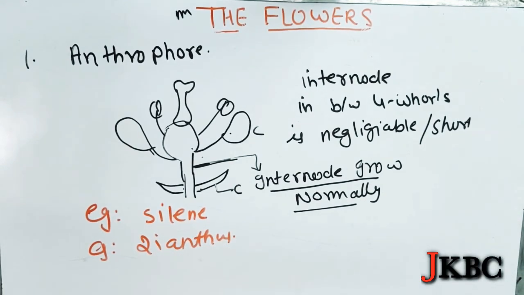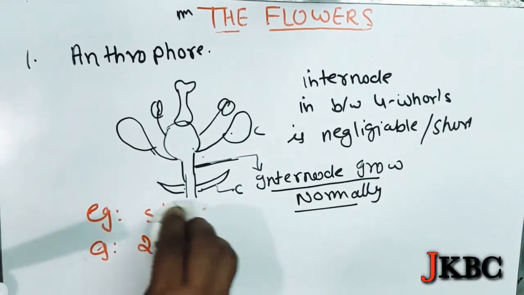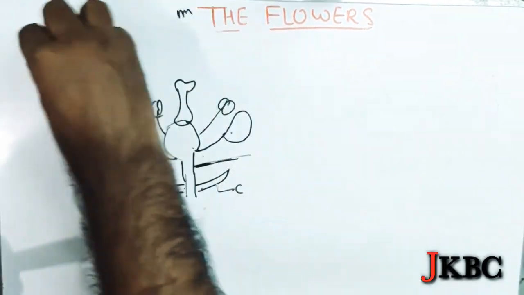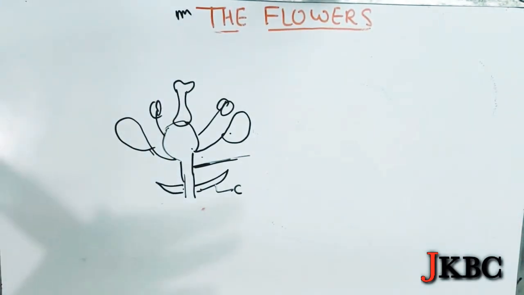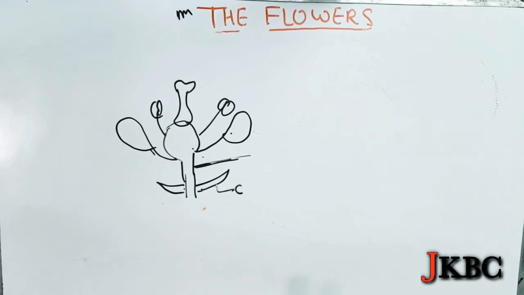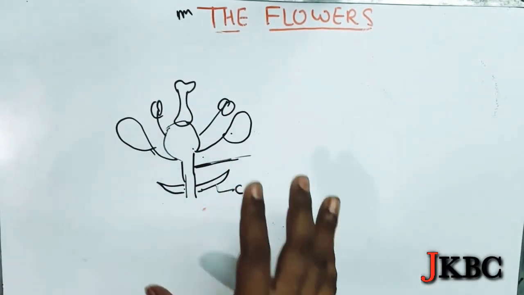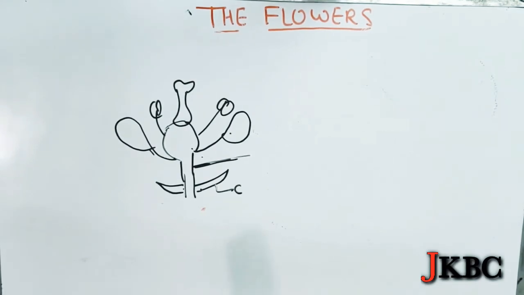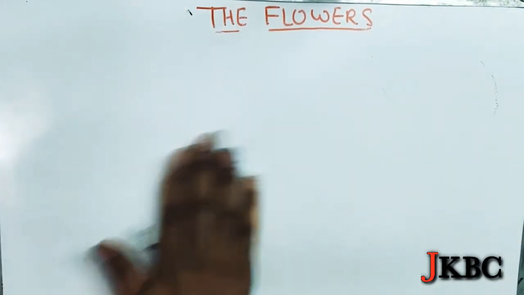Now the second type. This classification is based on the internode in between the different types of whorls. So on the basis of internode development, we classify into different categories. First of all, we detailed anthophore.